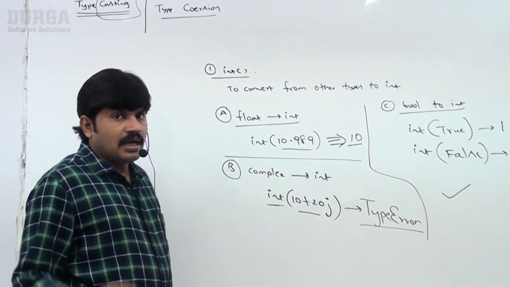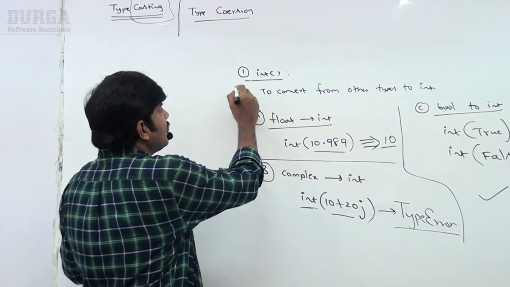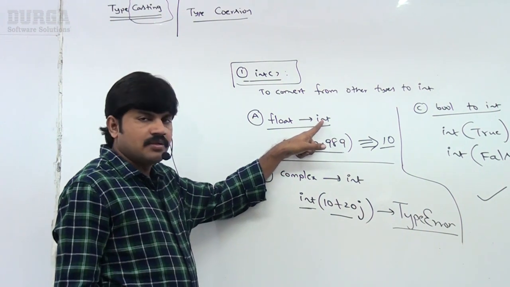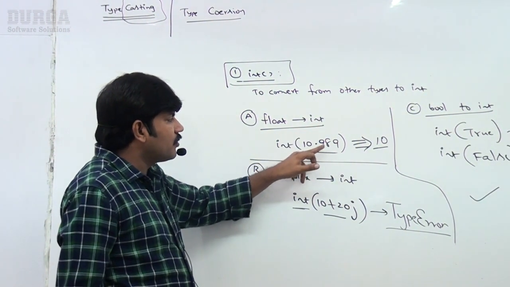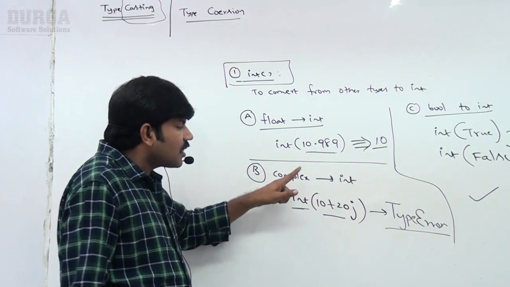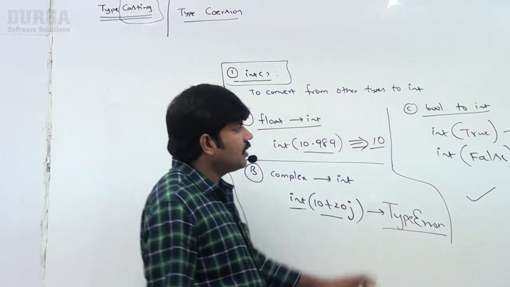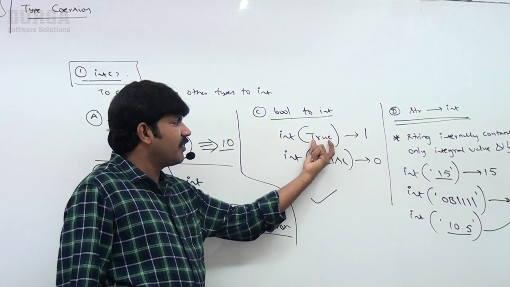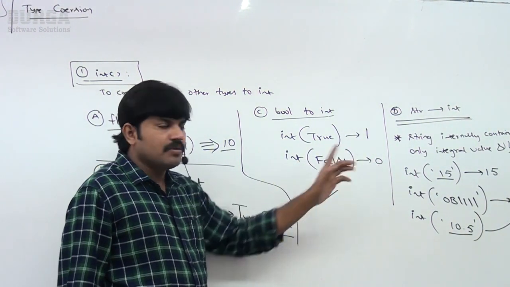So how to convert other types to int type? What are the various possibilities, sir? Int is the typecasting function we have to use. Float to int: conversion is possible, but whenever we convert float to int, the digits after the decimal point will be gone. Next, complex number to int type conversion is not possible. Next, boolean to int: if the boolean value is true, the int value is 1; if false, the int value is 0.